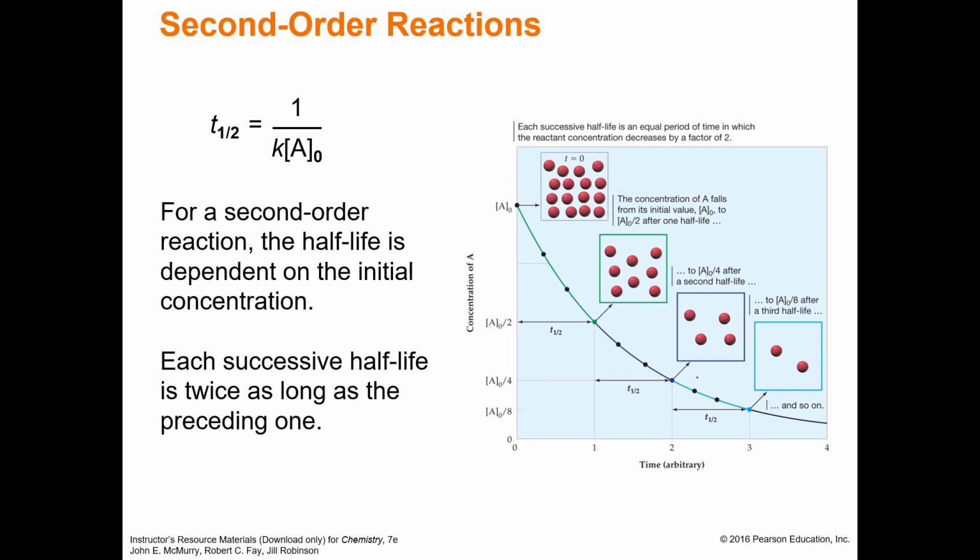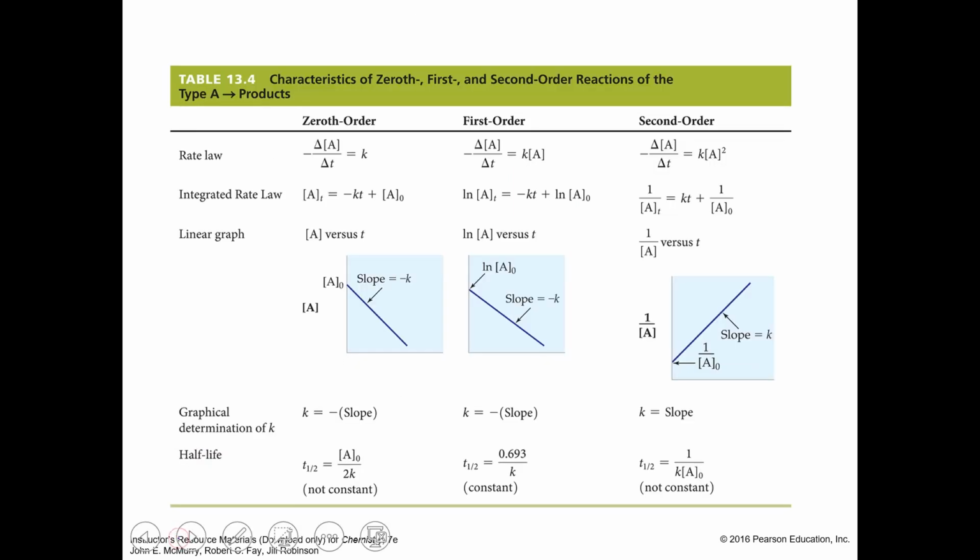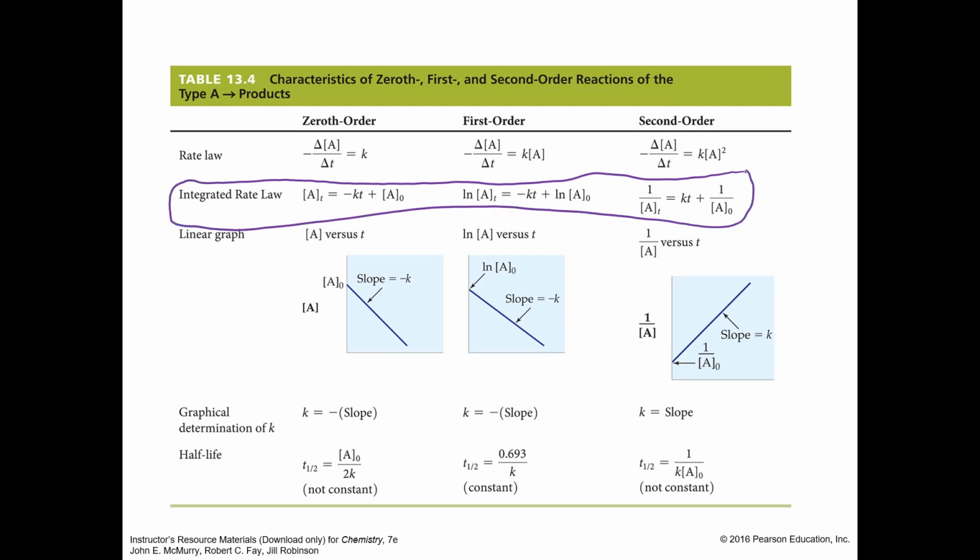Now you will need to do the integrated rate laws for zeroth, first, and second order reactions. So this table here summarizes all of what we've talked about. You have your rate laws, your integrated rate laws, which is the useful part that we will need to do. It shows you which graph is linear.